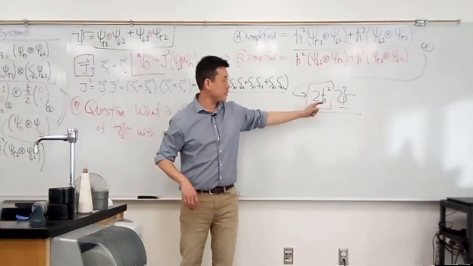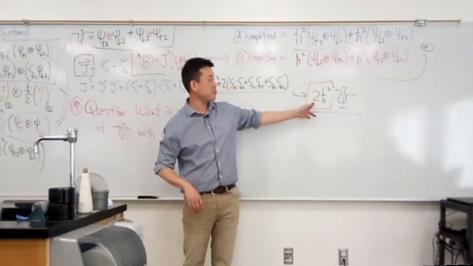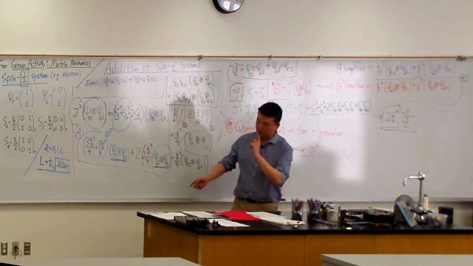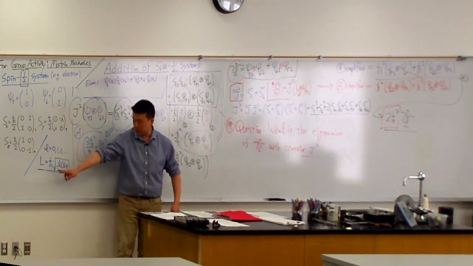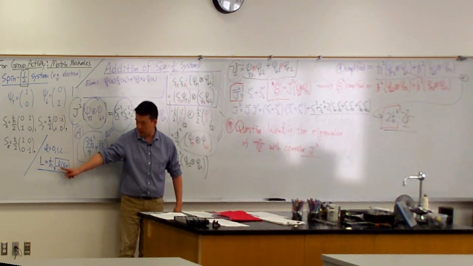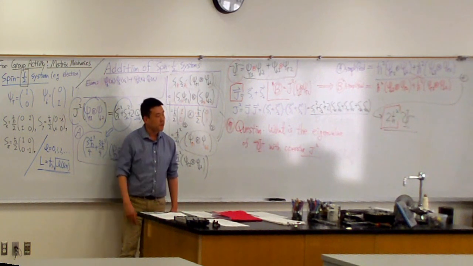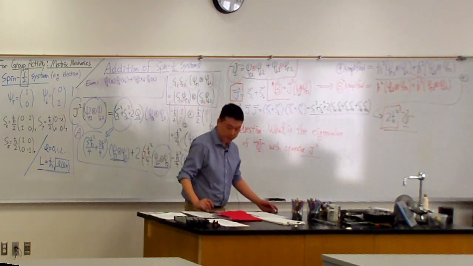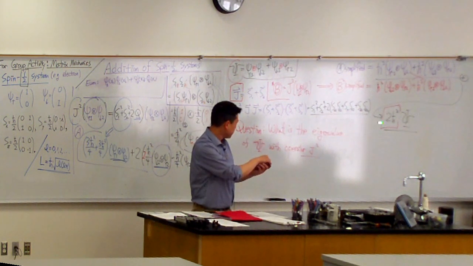So it's H bar squared times 2. This is supposed to be my angular momentum squared. Let's refer back here. L squared is H bar squared times L times L plus 1. If my value of L was 1, then that would match with this 2, right?